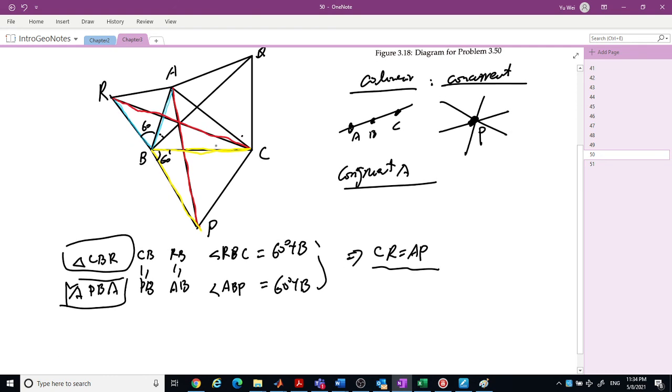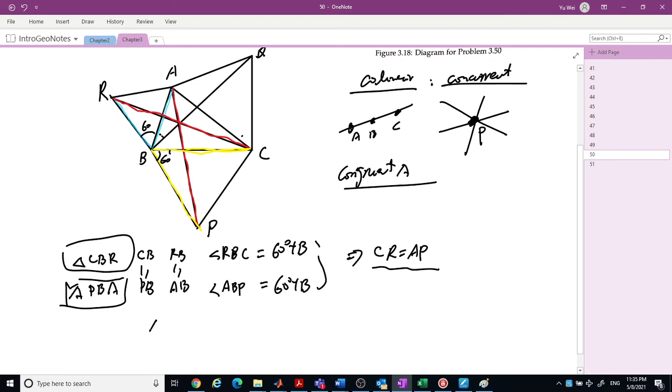You can do the same thing for another triangle. You can use APC and BQC.